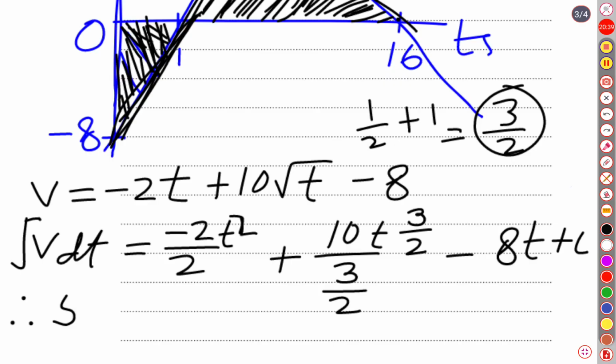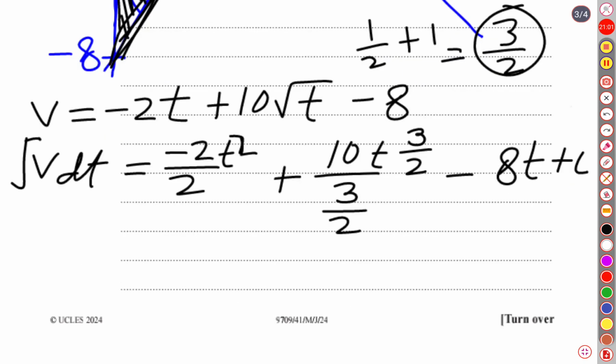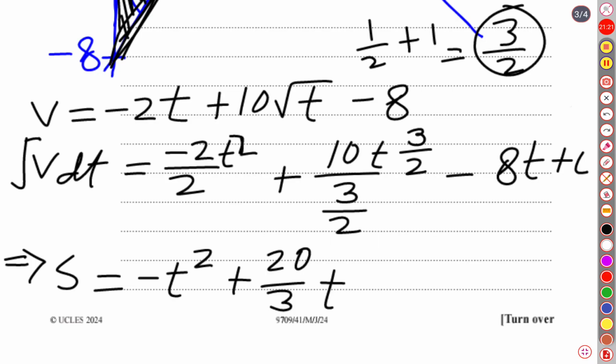So distance can be termed as s. If we simplify this, s is equal to negative t squared plus 20 over 3 t raised to 3 over 2 minus 8t plus c, where c is the constant.